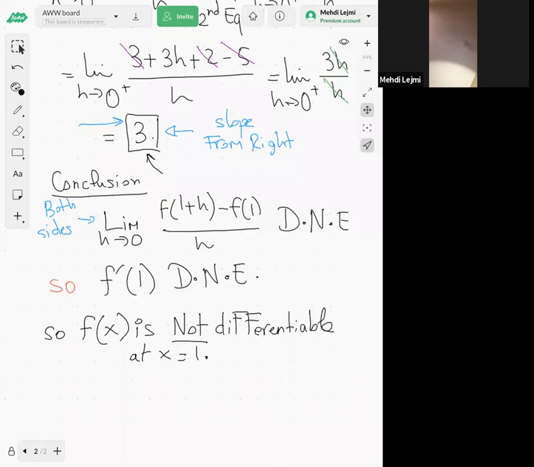So you need to know when a function is continuous and when a function is differentiable. I guess that's the main problems in the first test. It's all about continuity and differentiability.